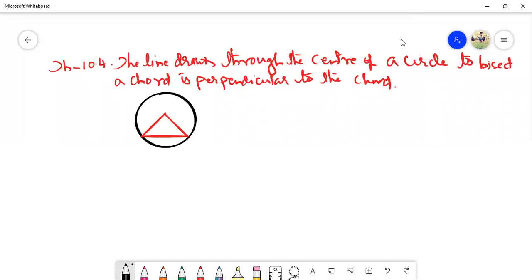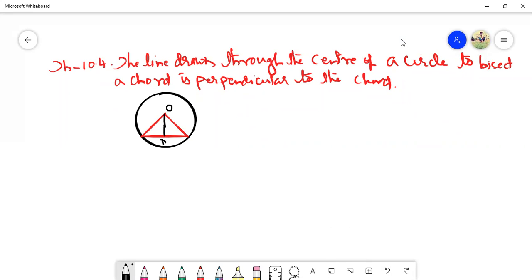Theorem 10.4. The line drawn through the center of a circle to bisect the chord means now this is the center. From this a line is drawn which bisects the chord. This line bisects the chord OD.